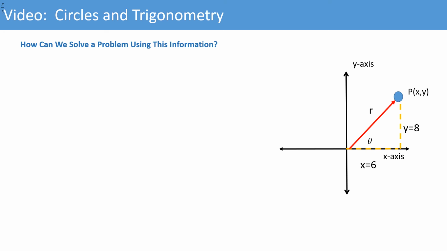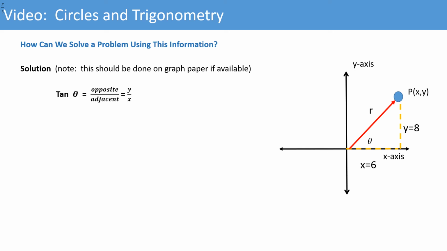Now, continuing on, tan theta is opposite divided by adjacent, which is equal to y divided by x, using the variables given in the diagram shown on the left.